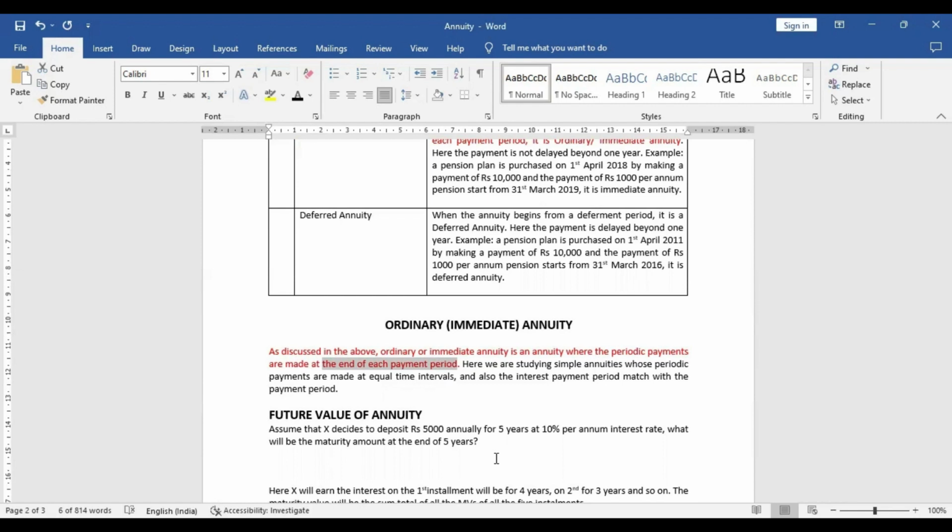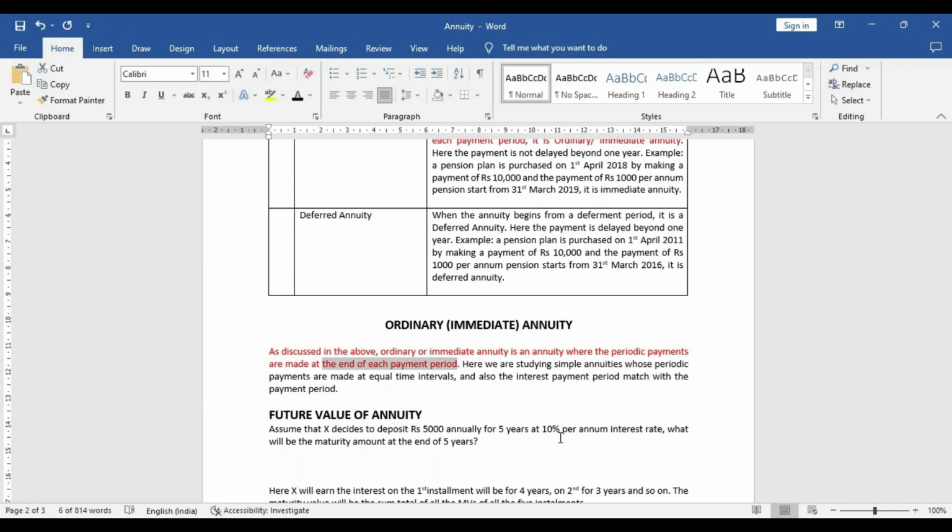That means the actual amount will be 25,000. But this 25,000 will be deposited over a period of 5 years, and every year the interest will be given as 10% per annum. And we are supposed to calculate the amount the person is going to get in future after 5 years at the rate of 10%.